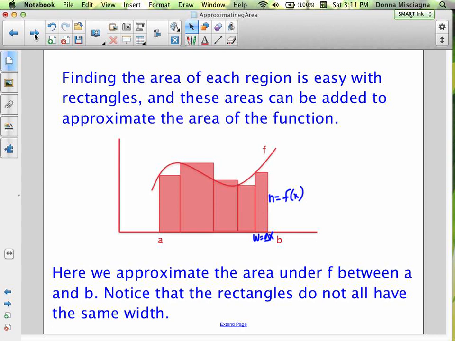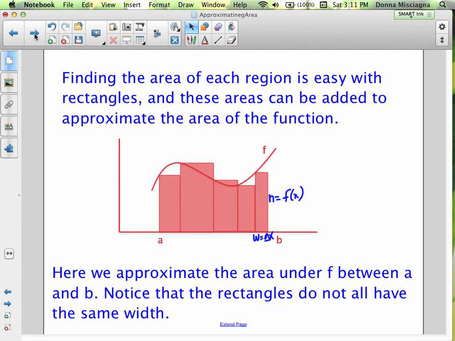Here we could approximate the area under our function between a and b, so that's going from the function down to the x-axis. Notice that the rectangles do not all have the same width, so I'd have to calculate each rectangle individually. Well, maybe it would be easier if all the rectangles had the same width.